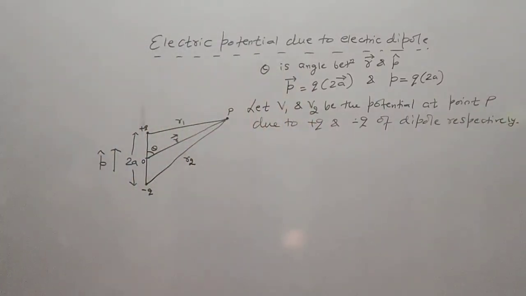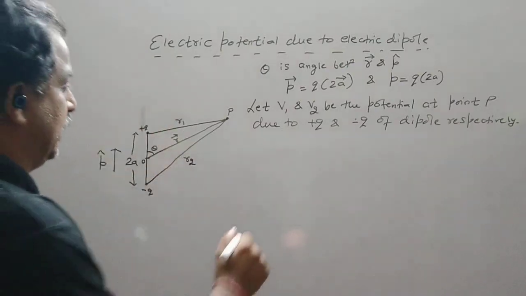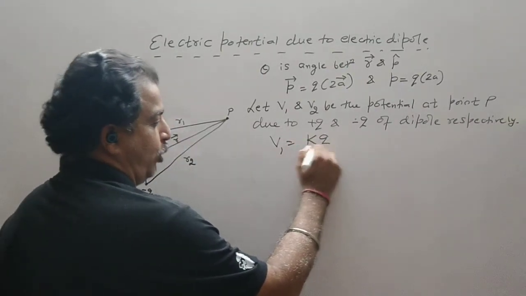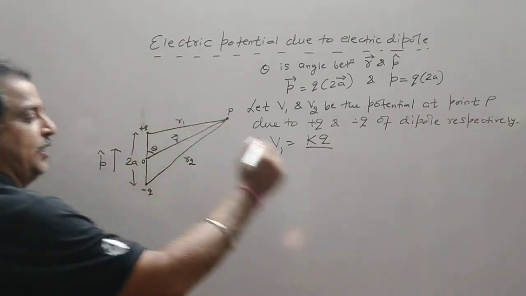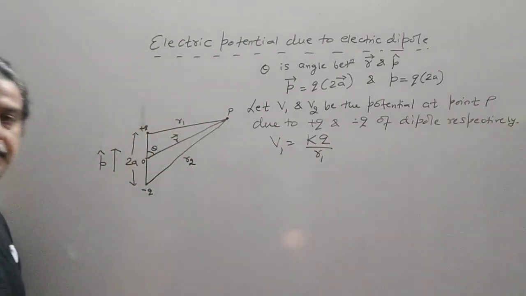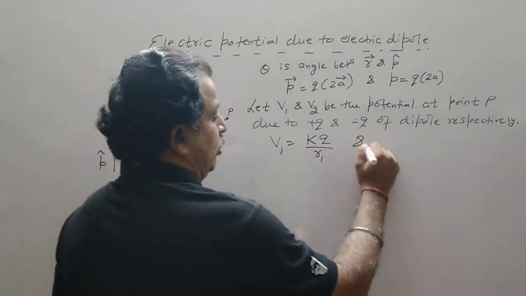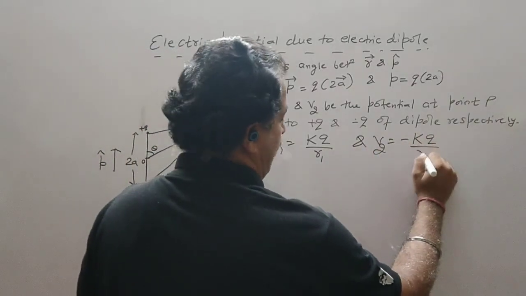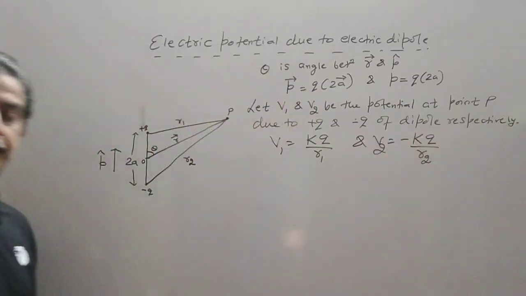So we will apply the formula for a point charge. V1 is equal to K source upon distance between test and source, that is R1, and V2 is equal to minus KQ, source is negative, upon R2.